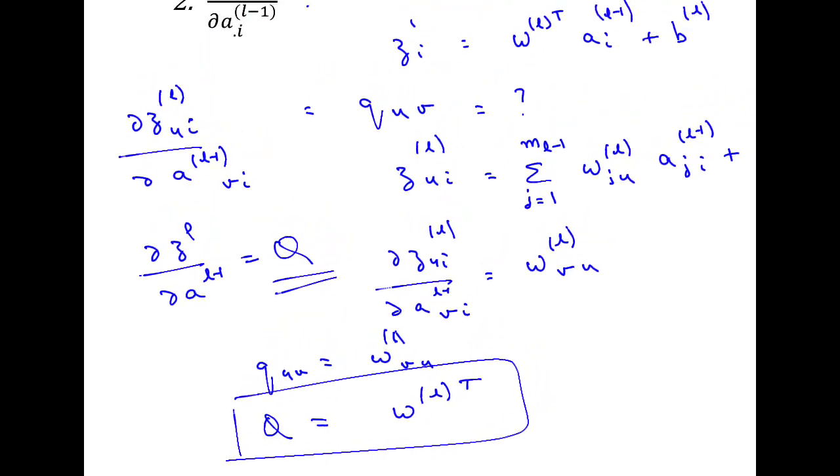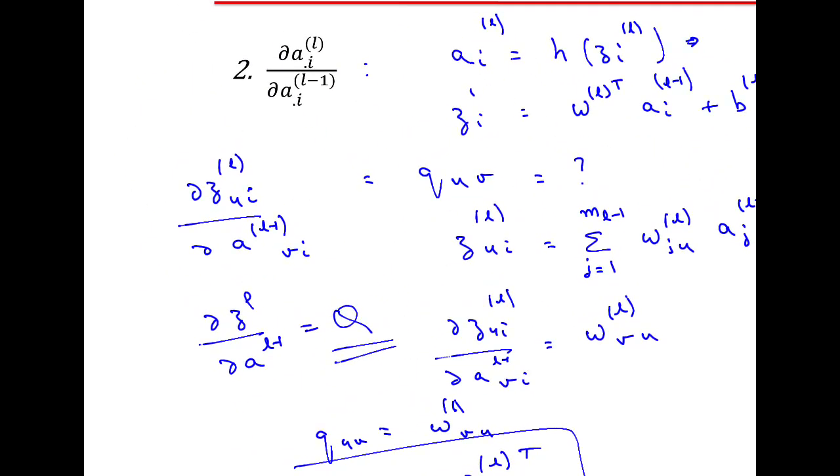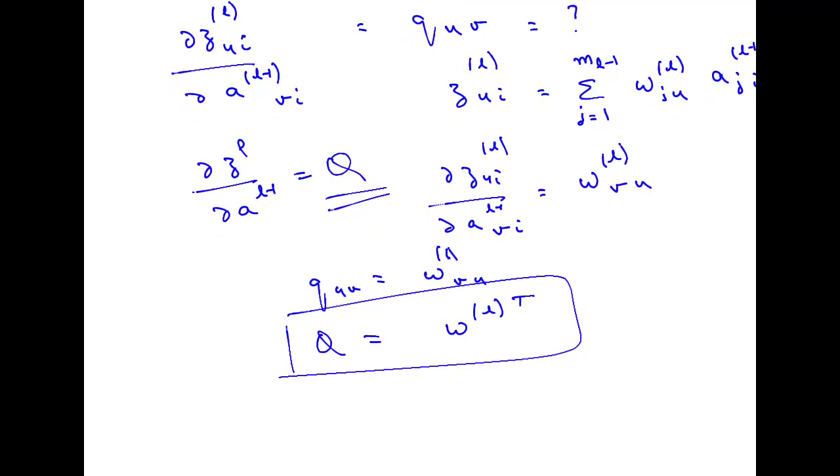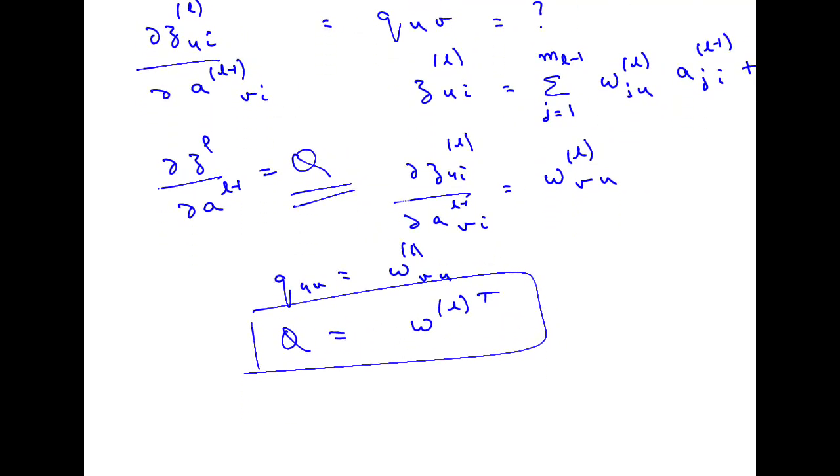So I get the derivative of Z with respect to A, and I have already calculated the derivative of A with respect to Z. So what is the derivative of A L with respect to A L minus 1?